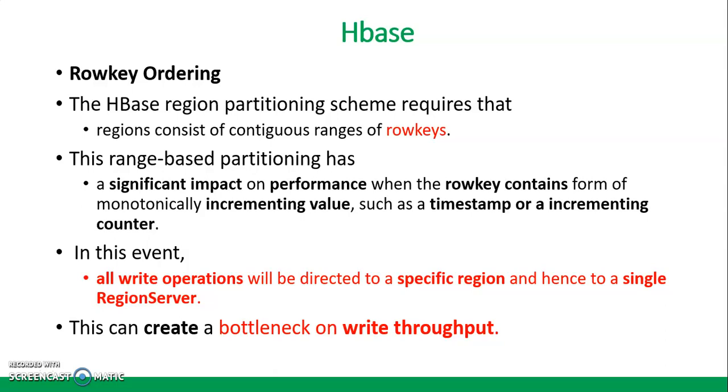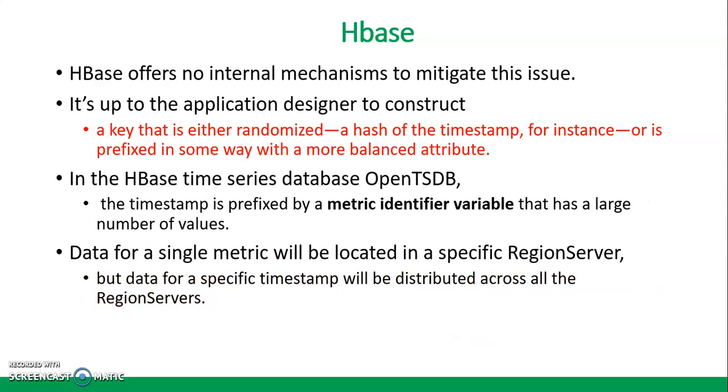In this event, all write operations will be directed to a specific region and hence to a single region server. This can create a bottleneck on write throughput. HBase offers no internal mechanism to mitigate this issue.